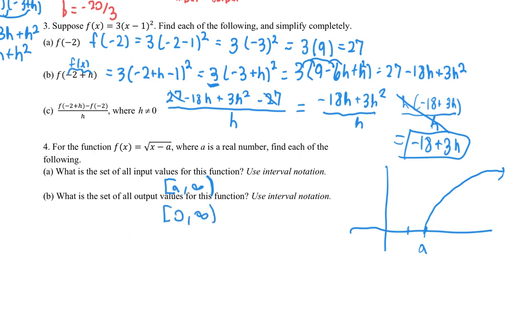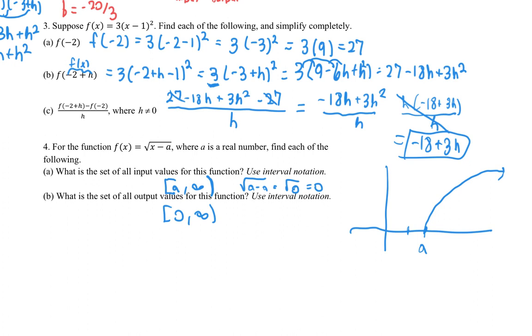So to explain these answers a little bit more, if I plug in A into this, you'd get square root of A minus A, which is square root of 0, which is just 0. But if I put something less than A, you get a negative inside. That doesn't work. Anything bigger than A, you can take a square root of a positive number. You'll get something out.